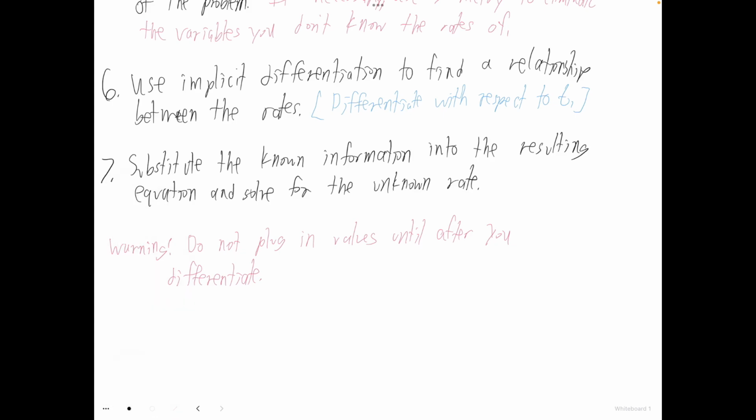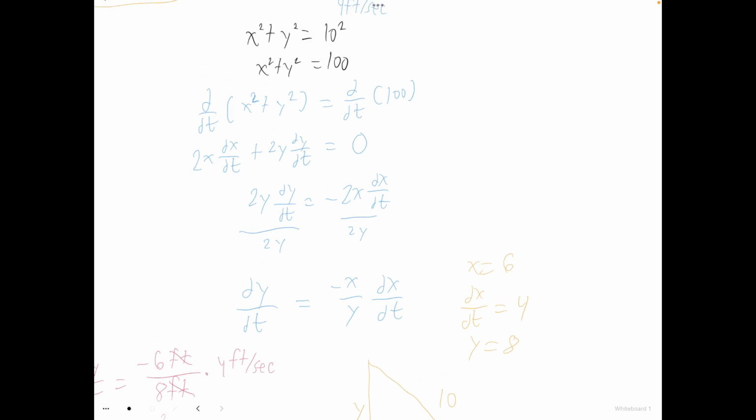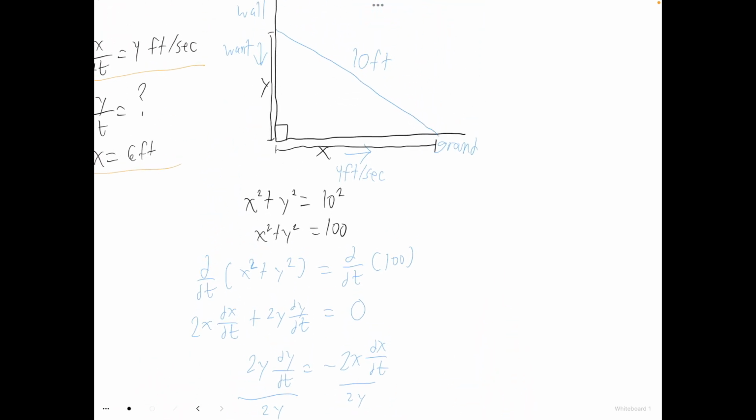And so to point out what I mean here, I'm going to scroll up to that problem we did before. In this problem, before I plugged in the fact that x was 6, I took the derivative. The reason for that is because I only care about the rate when x is 6. But x isn't always 6. x is changing, right? x is changing at a rate of 4 feet per second, and so it is not a fixed number.